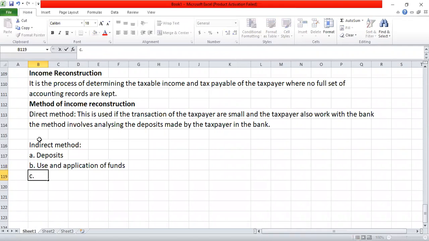We have net worth. We have the bank duty. We have the sales markup.